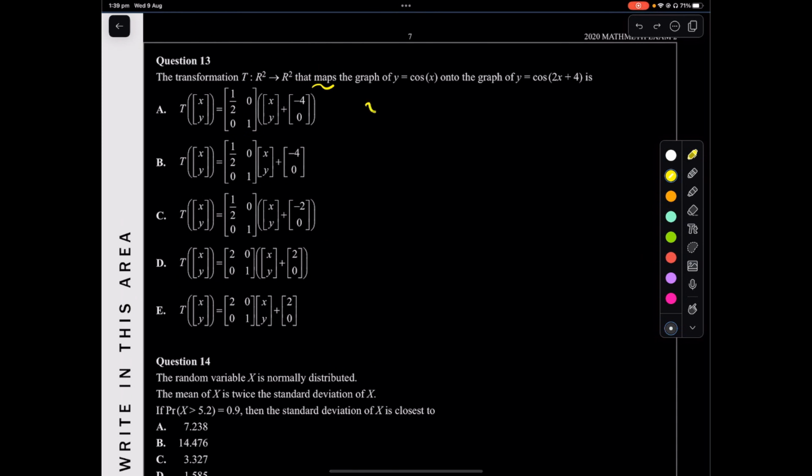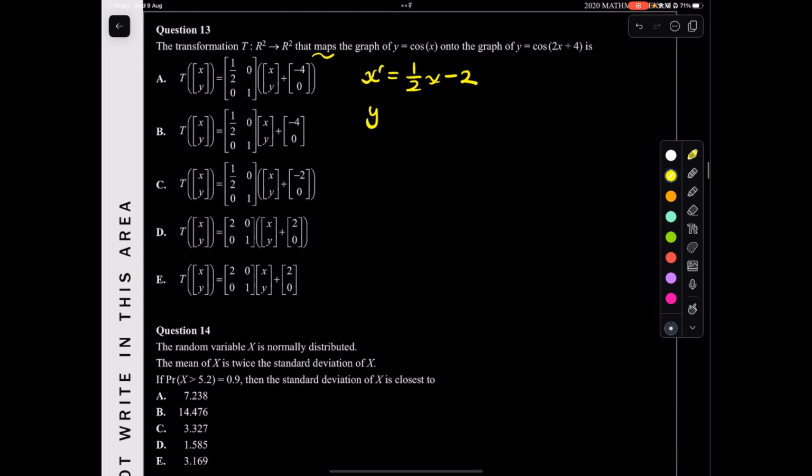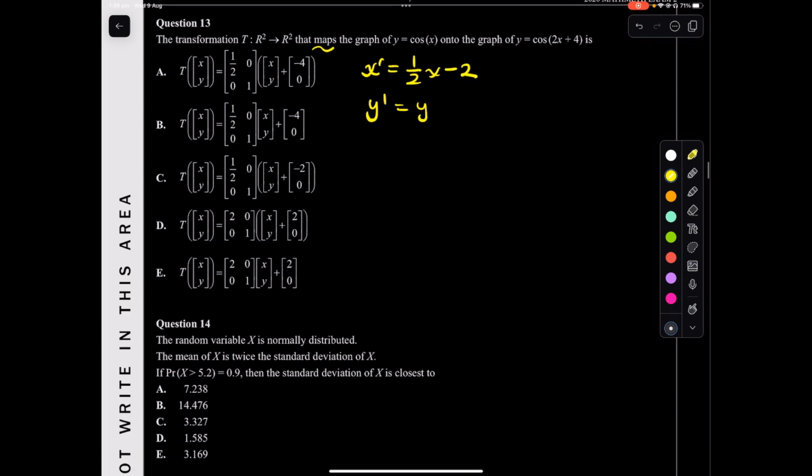So x dash is equal to half x minus 2, and your y dash is y plus 0, just y. Let's shove it into this equation. So y dash is equal to cos half x minus 2.